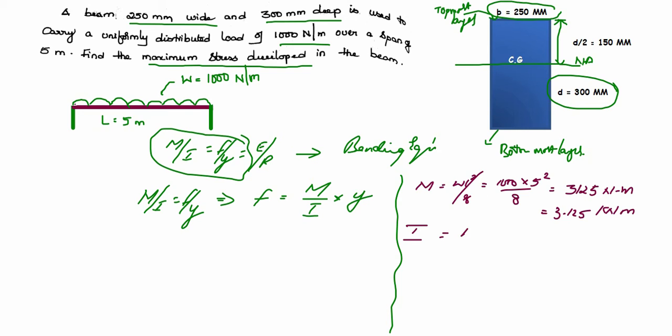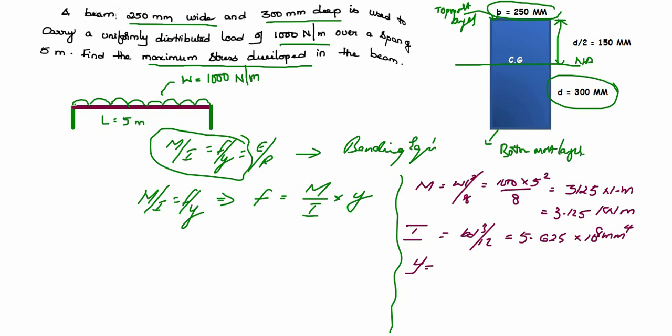So I know now I. What is I? B D cubed by 12 for rectangular cross section, which would be something like 5.625 into 10 to the power of 8 mm power 4. And what is the y, guys? What is y?